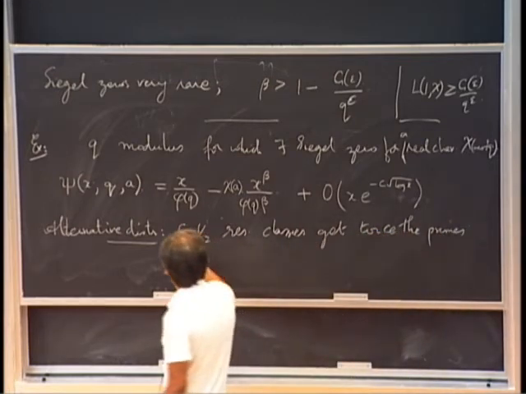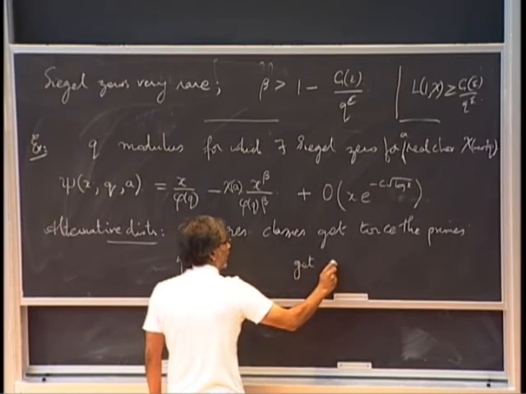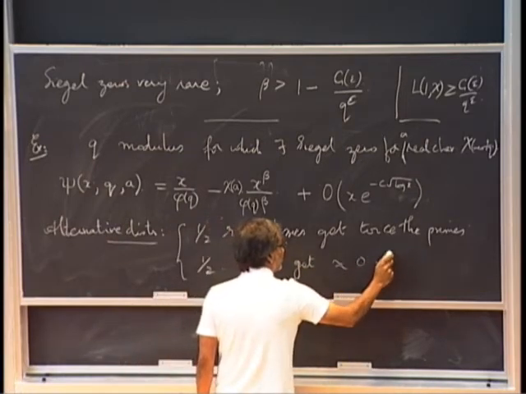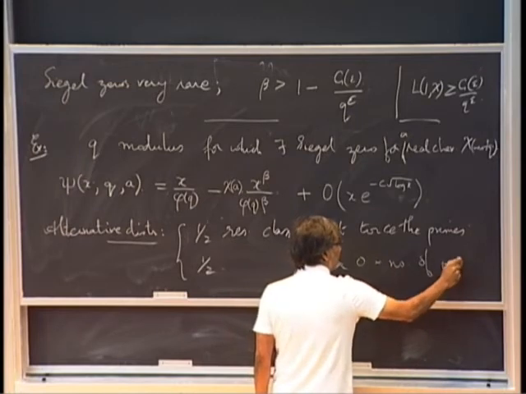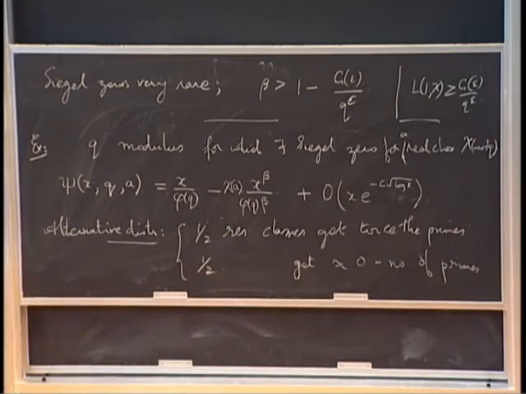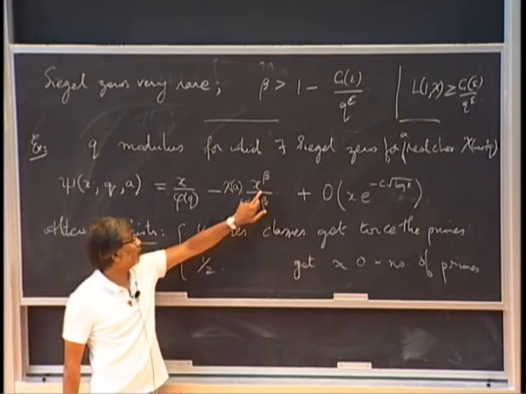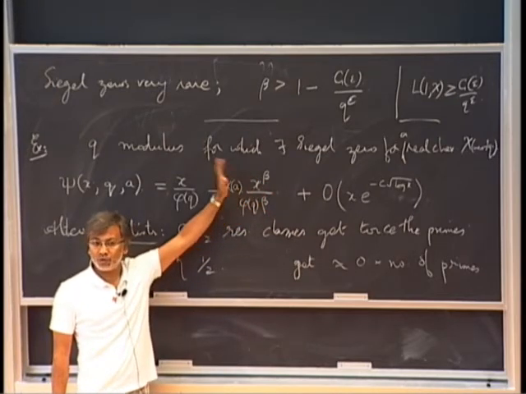And then half of them get approximately 0 times the primes. Their fair share of primes. Okay? At least for a long time. Eventually, of course, once this beta is less than 1, if x is incredibly large, this will go away. But it won't go away for a long, long time.